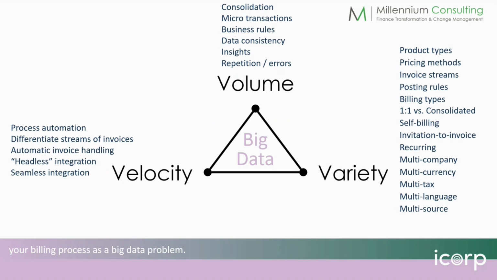Well, when we talk about volume, let's think about consolidation of invoice lines. Maybe your business process has many microtransactions or has very complex business rules where other kinds of documents are required in order to continue your invoicing process. With a large volume, there's also the challenge of data consistency.